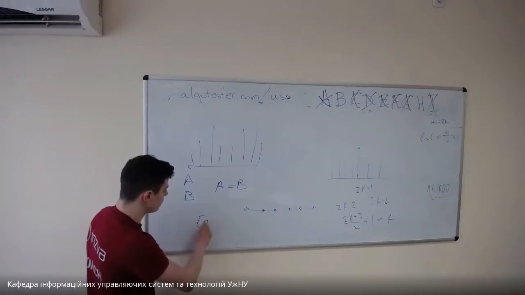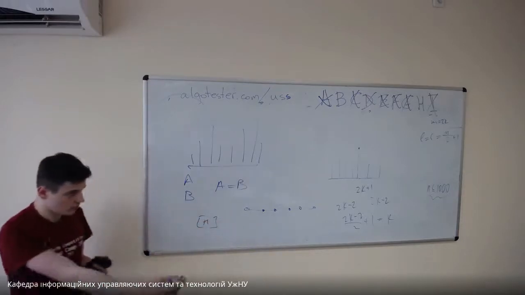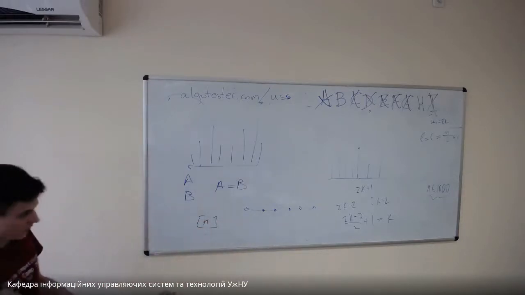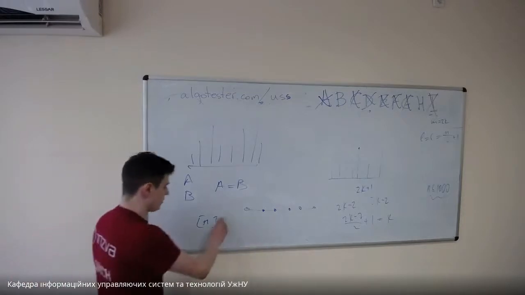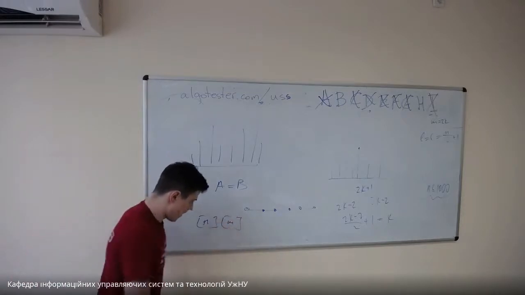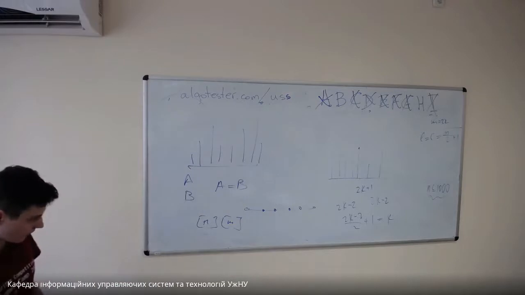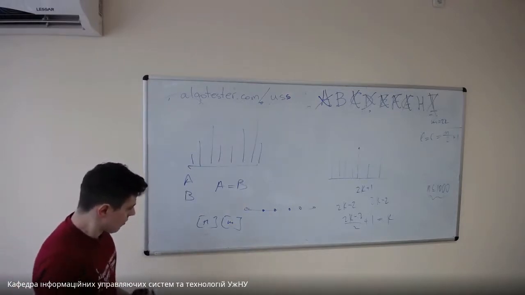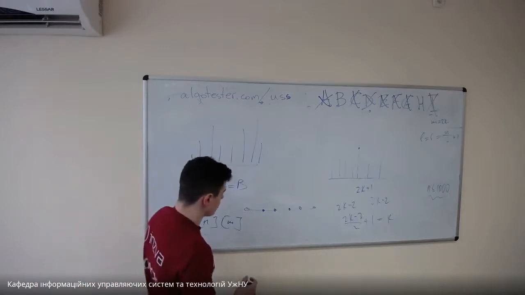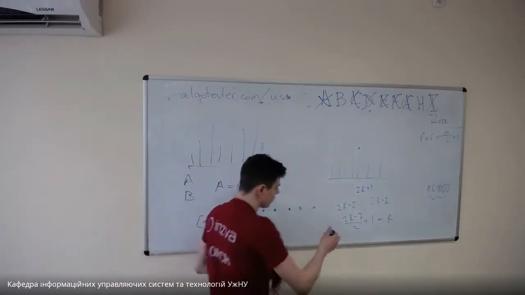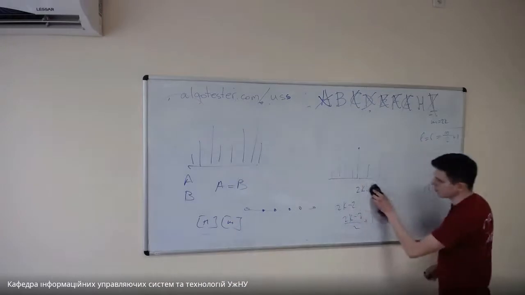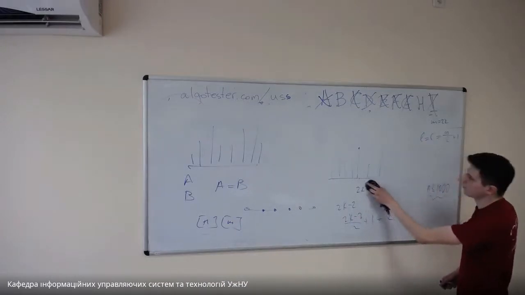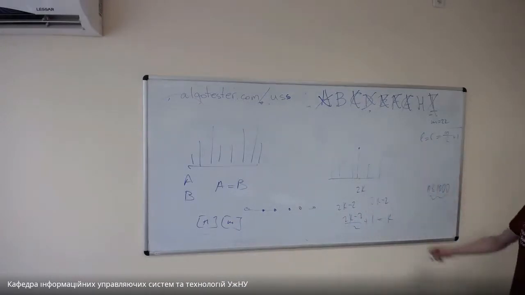We have n, which is the number of towers that we are putting, and we have some m, which is the height of the highest tower. Yeah. So again, let's say that we have this situation. The other one you can look at in a similar way.